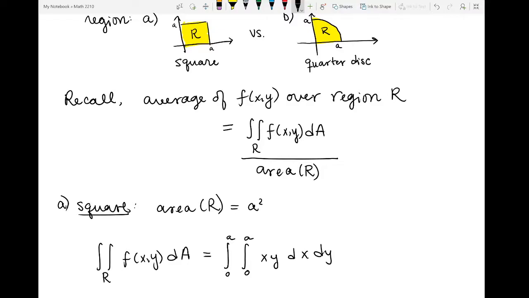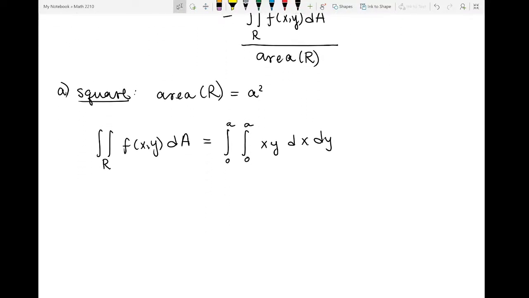Now it's just integration. I'll do this slowly in case you're still getting used to doing these double integrals. Remember, we do the inner integral first and then the outer. So we will do the integral from 0 to a of, let's do our inner integral, xy dx, and then integrate this whole thing with respect to y. Let me do what's in the brackets now.